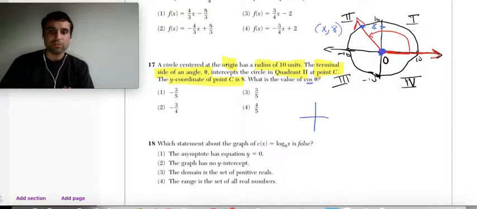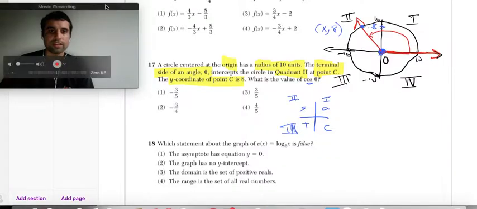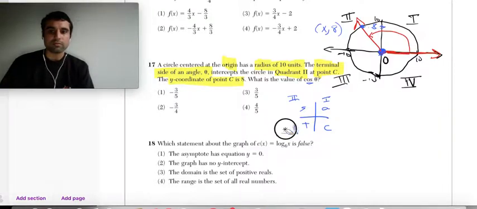So if you remember the acronym for the quadrants 1, 2, and so on, the acronym goes All Students Take Calculus, and here are quadrants 3 and 4, as in the other diagram, right? All positive in the first quadrant.